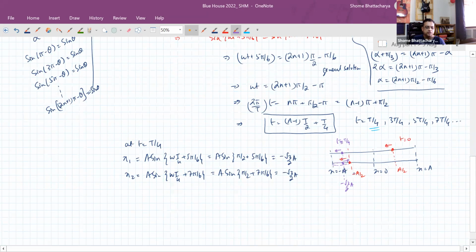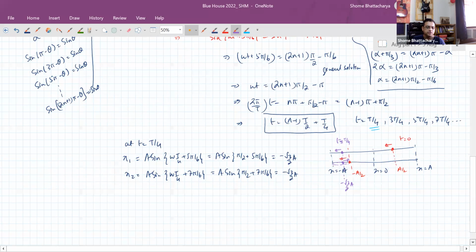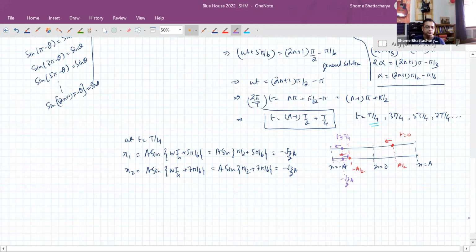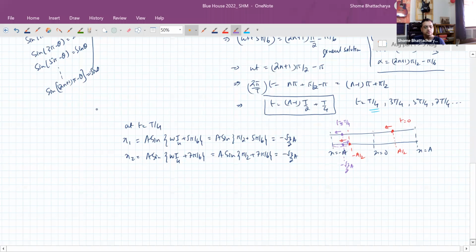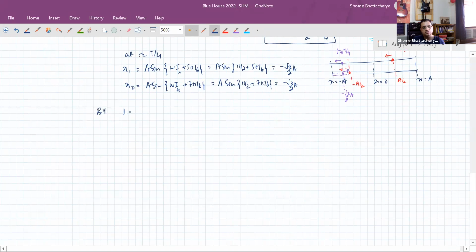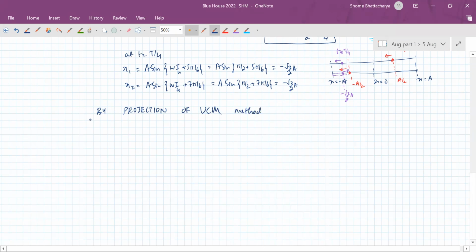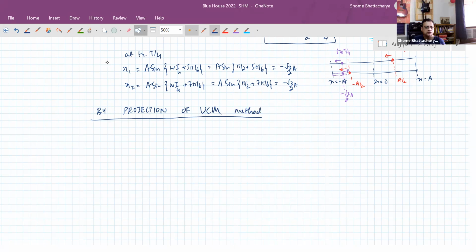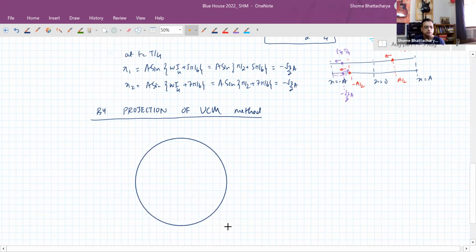Okay. So it's very difficult to directly calculate this the way I've done here. So that is where the projection of UCM method comes in. Okay. By projection of uniform circular motion method, you just compare the position in the UCM path. Yeah, that's what we do.